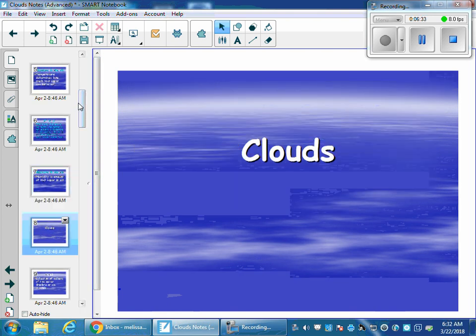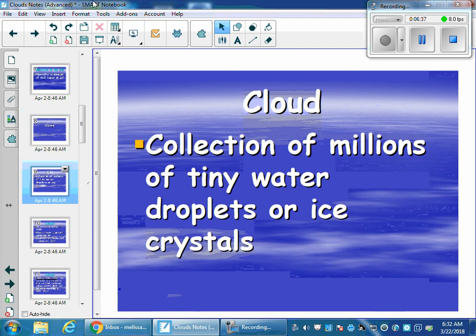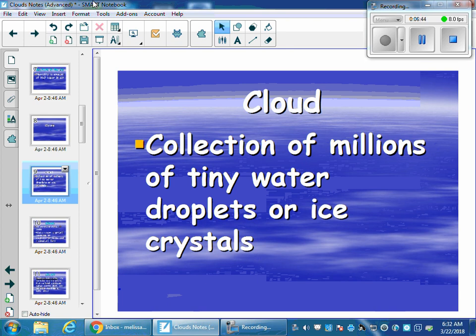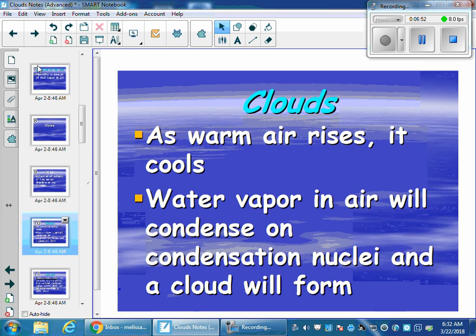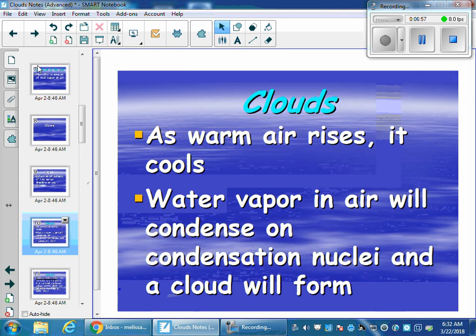All right, shifting gears now to clouds. Clouds are a collection of millions of tiny water droplets or ice crystals. You can actually have clouds that are made out of solid ice crystals if you get them far enough up in the atmosphere. So how are clouds formed? We have water vapor in the air that is caused by evaporation from a liquid source.